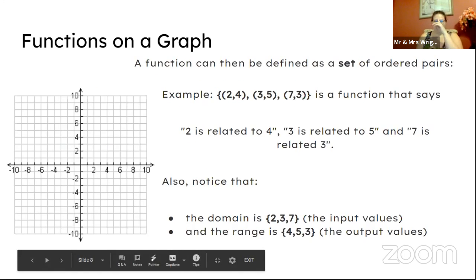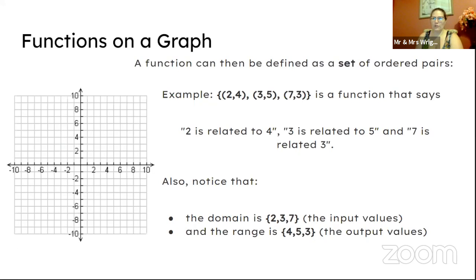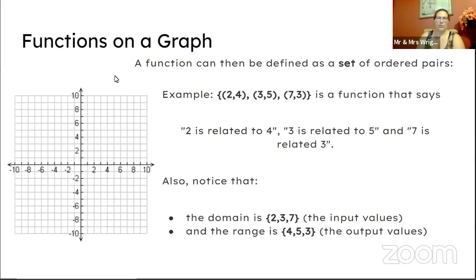So here is a graph we have. And one of the things we want to talk about today is that the function can be defined as a set of ordered pairs. So even if you don't know the relationship between these, you can know the function based on its set.